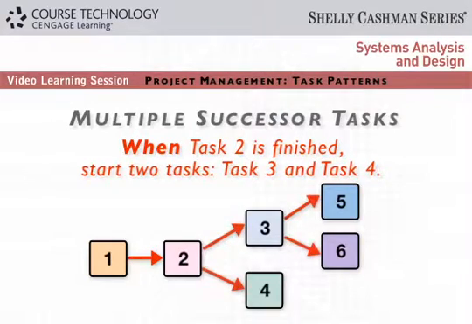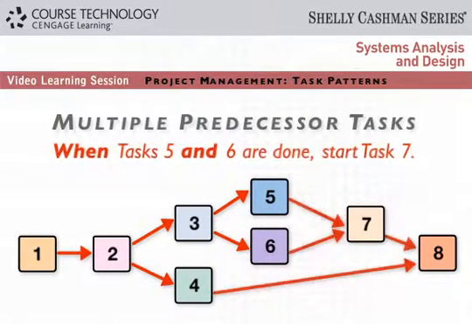The statement, when task 2 is finished, start two tasks, task 3 and task 4, describes multiple successor tasks that can both start as soon as task 2 is finished. The statement, when tasks 5 and 6 are done, start task 7, indicates that task 7 is a multiple predecessor task, because it can't start until two or more previous tasks all are completed.